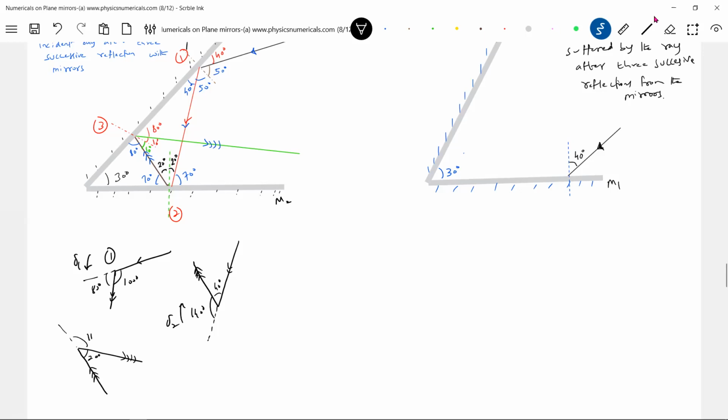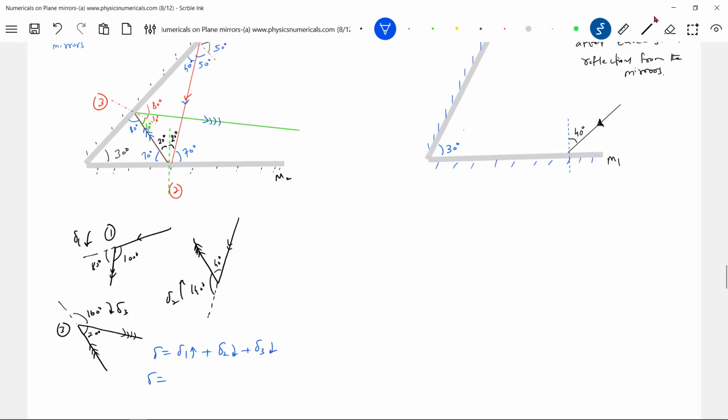What will this be? 160 degrees. So the total deviation will be delta 1 plus delta 2 plus delta 3. Delta 1 anti-clockwise, delta 2 clockwise, delta 3 clockwise.